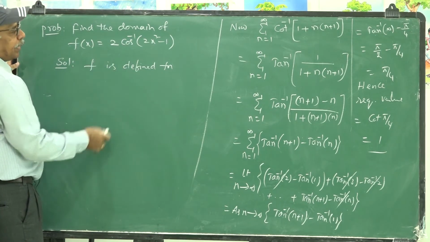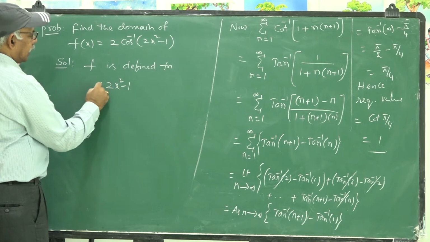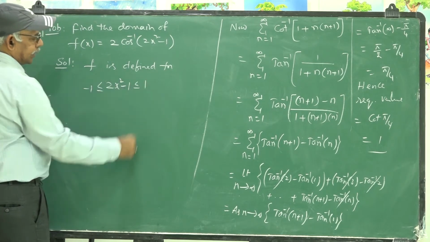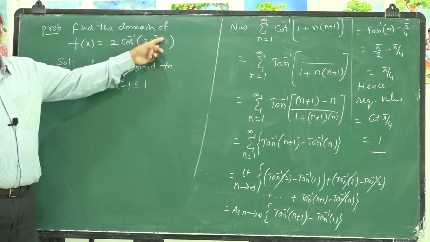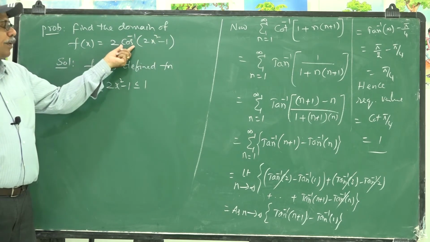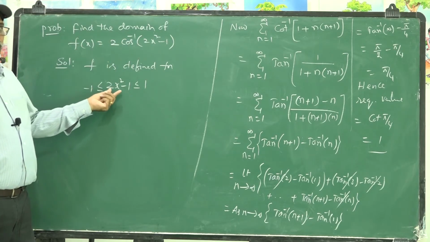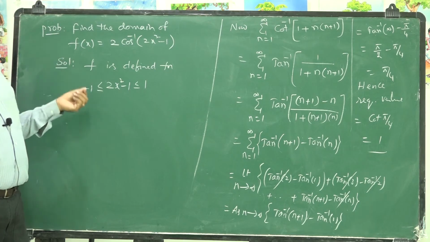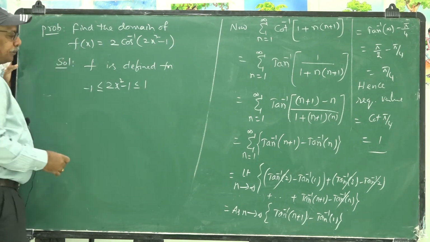So, f is defined for 2x square minus 1 lies between minus 1 and 1. Once this value lies between minus 1 and 1 only, inverse cosine exists. Then only the function is defined.